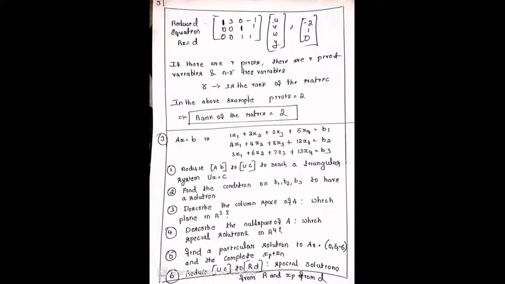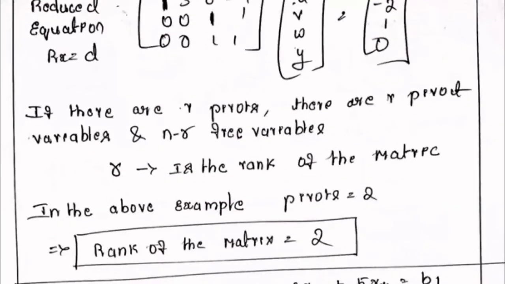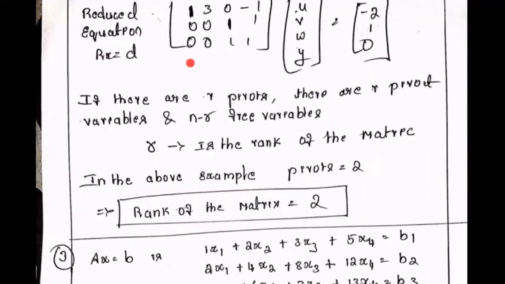So that is nothing but the rank of the matrix, or else the number of pivot variables. The number of non-zero rows gives the rank of the matrix. One more thing: if there are R pivots, then the rank of the matrix is R. Based on the number of pivots, you can write the rank of the matrix. So the rank of the matrix is 2 for this example.